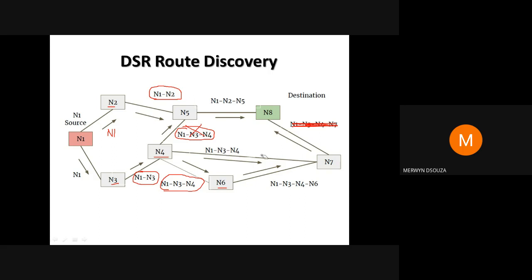It takes this one, adds its own name to that route and forwards that route request to its neighbor. Finally, the destination N8 gets 2 route request packets, one from N5 and one from N7. The one from N5 is the shorter one, so finally this packet will be the one that will be replied by N8.